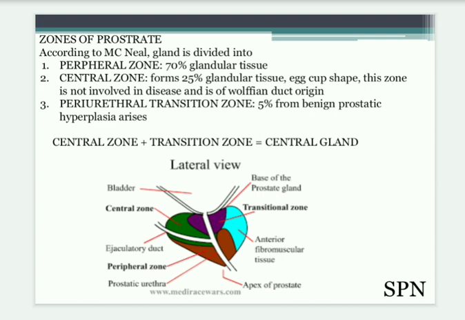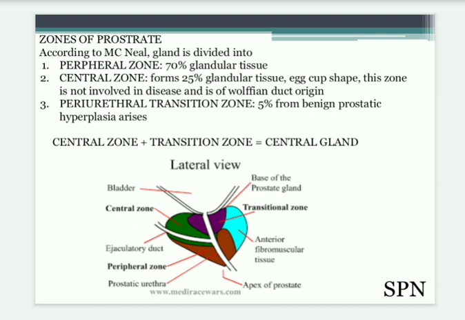The two zones form an egg cup like shape. The central zone is not involved in any disease and is of Wolffian duct origin. The periurethral transition zone contains 5% and is involved in benign prostatic hyperplasia.